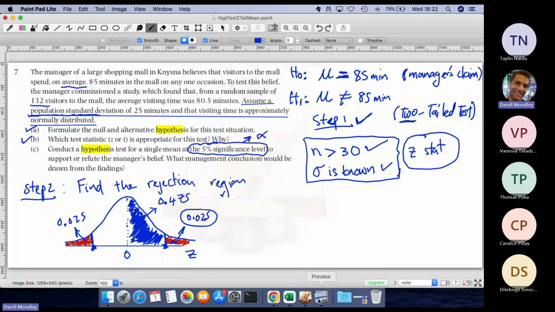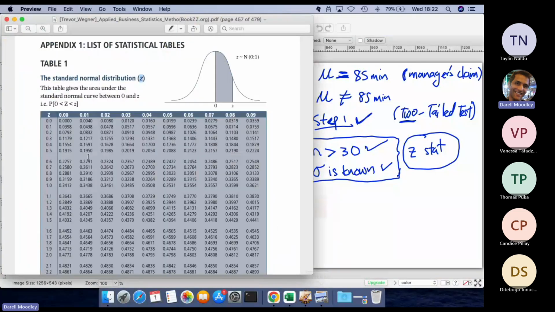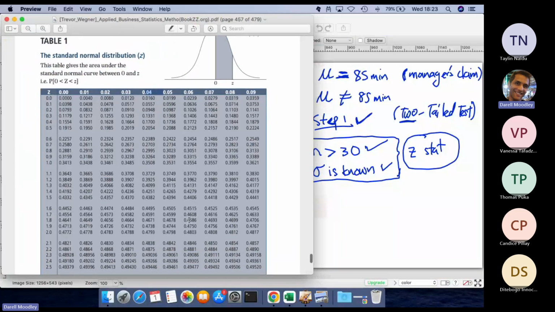If you look at the table in your textbook, all the values inside the table are the areas. So if you find the value of 0.475, you just work backwards. You determine what the Z value is in the margin to one decimal, and its second decimal is in the column. So let's look in this table for 0.475.